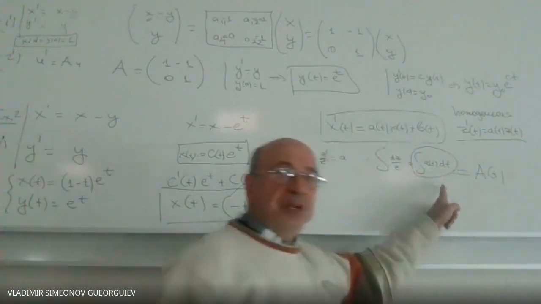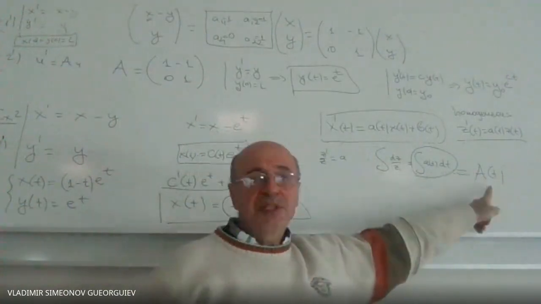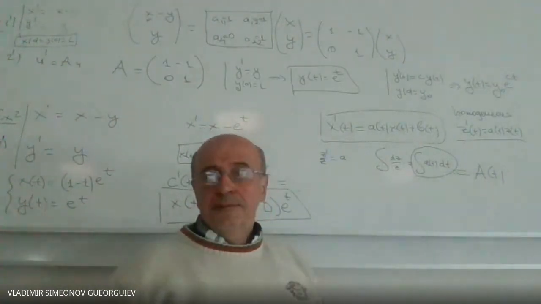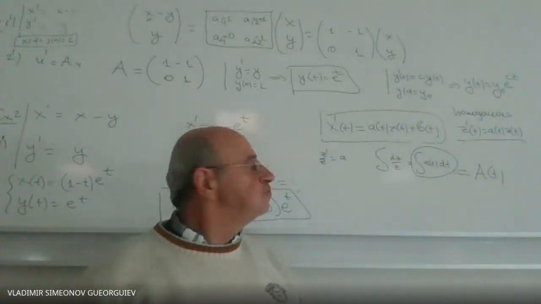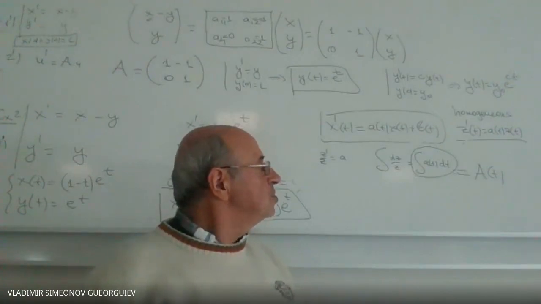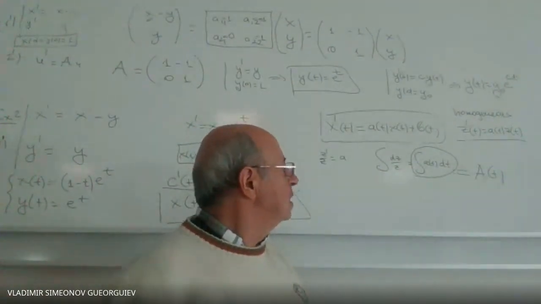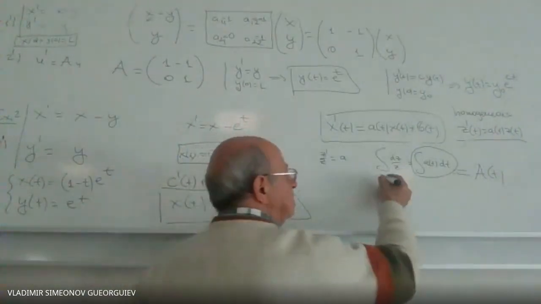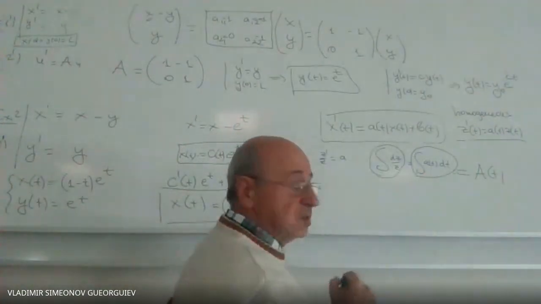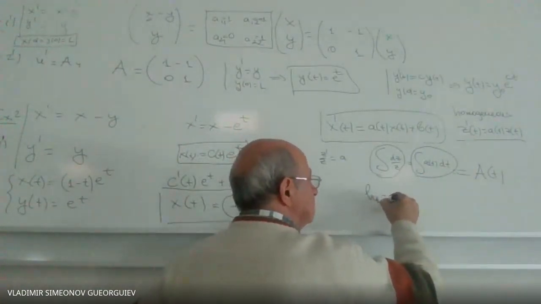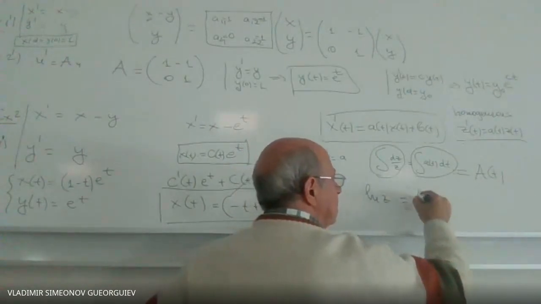We compute the primitive and call one primitive of a. So this means this integral is obvious. This is logarithm of zeta is capital A.